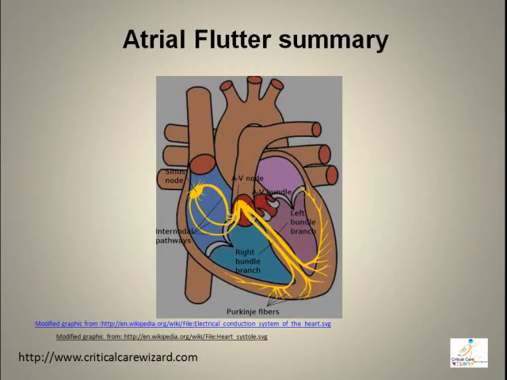Atrial flutter may start anywhere in the atria. This abnormality presents a flutter waveform in the ECG paper.